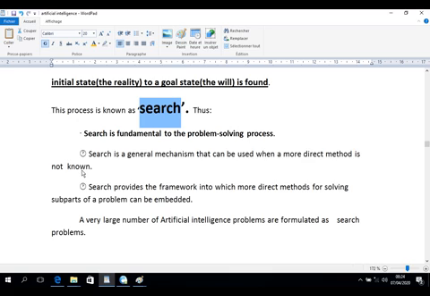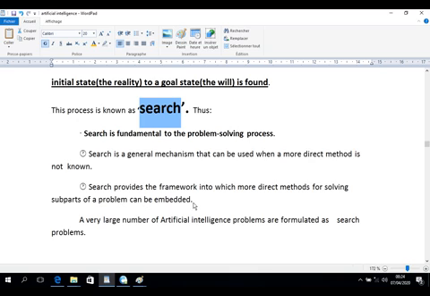It is a search for a solution. Search is fundamental to problem solving. So it is a general mechanism that can be used when a more direct method is not known.